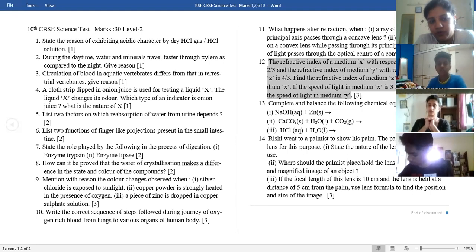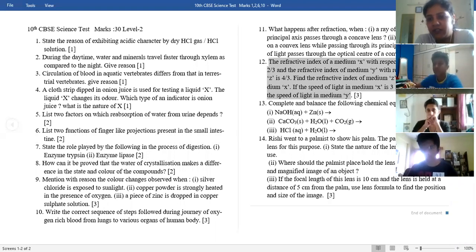How can it be proved that the water of crystallization makes a difference in the state and color of the compound? When we take dry, anhydrous copper sulfate, it is in powdered form and white in color. When we add a small amount of water, it turns blue in color and converts into crystal form, acquiring a crystalline structure.